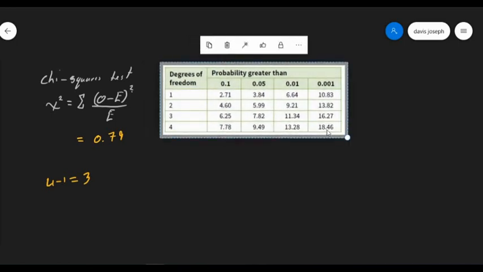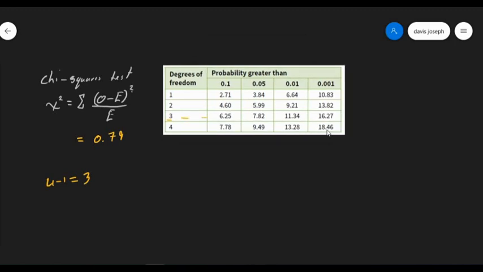So this is our table showing our critical values for our chi-squared test. And seeing that our degrees of freedom is 3, we're only going to focus on these values here. Now in genetics, we have a critical value of 0.05.